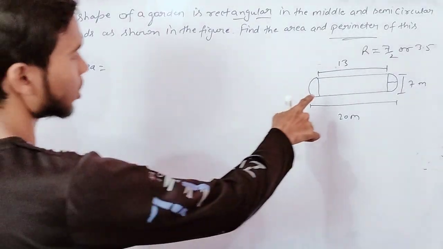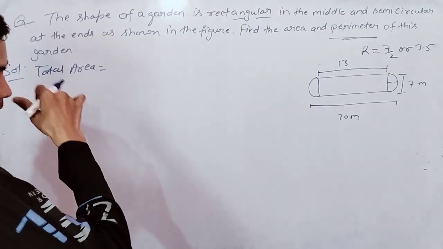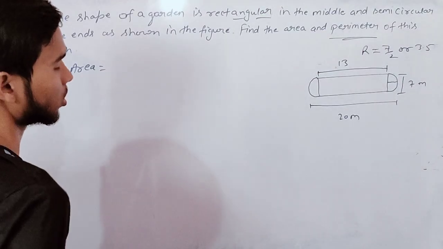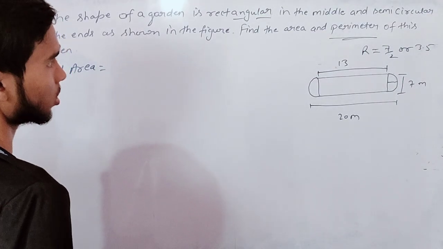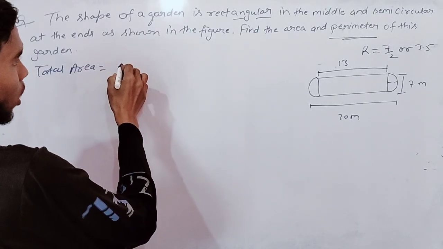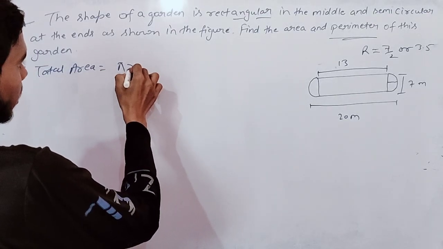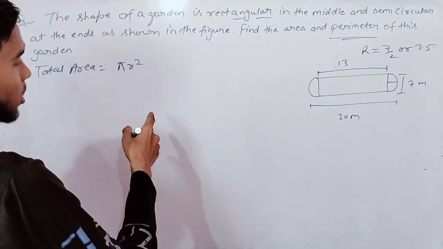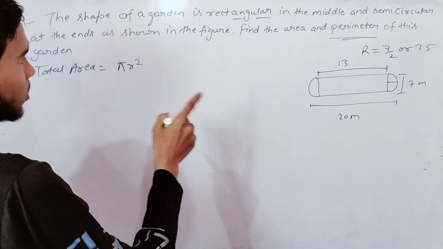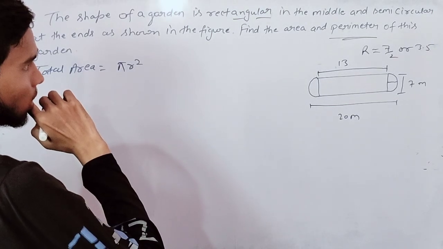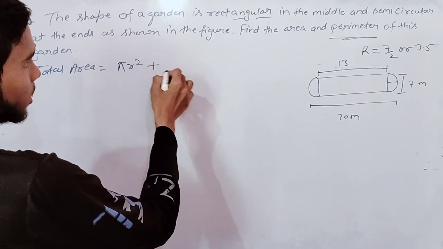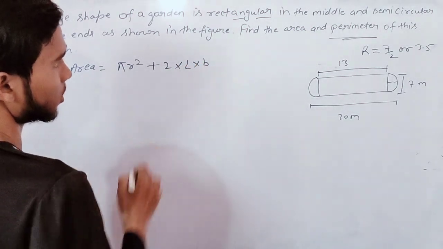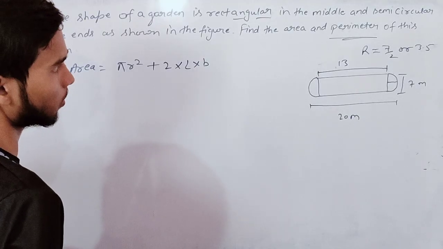So here we have two semicircles. So here pi r square, you can say pi r square. And now plus 2 multiple L multiple B. L multiple B.